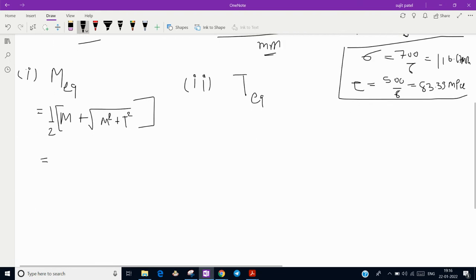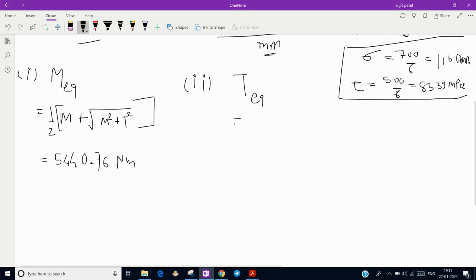If we put all the values in the calculator, we find the equivalent bending moment is 5440.76 Newton meter.